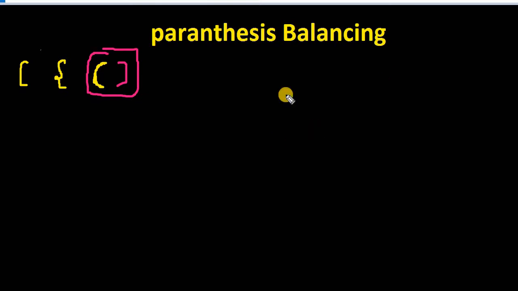The first case will be, let's say you open your string with this or this, or the first element in your string is any one of these closing elements, that means it is an unbalanced parenthesis. Why? You cannot close this. In order to close it, you would have to have the i minus 1th element, but since this is the first element in your string, you cannot balance it.